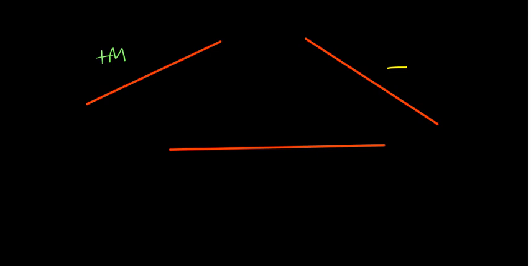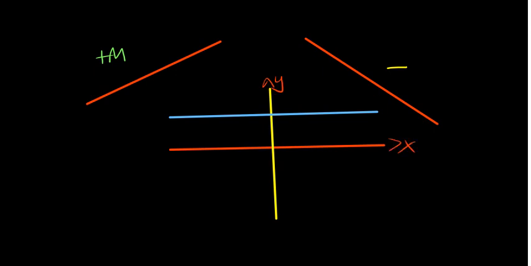Considering the x-y plane, we draw a horizontal line there, parallel to the x-axis. Let's call this y and then x. We can take an example. Let's say we have negative 2 there and here we have a 4. The y value is the same, let's say it's a 6.